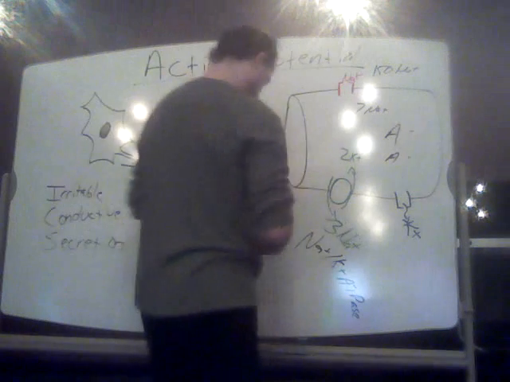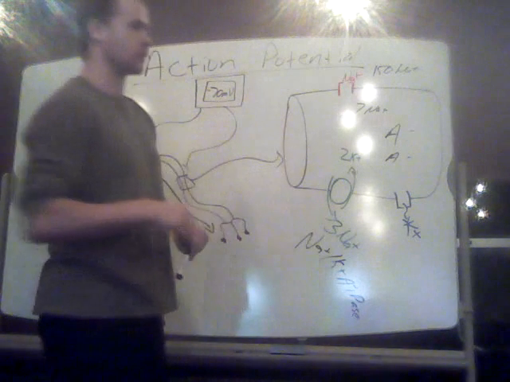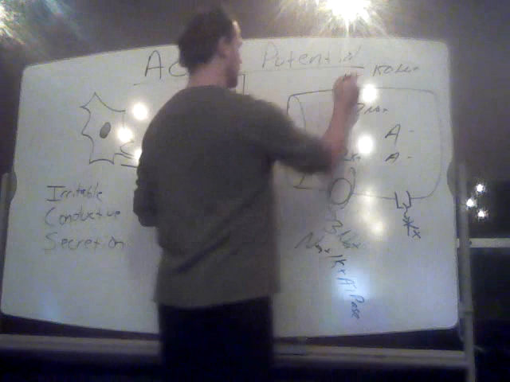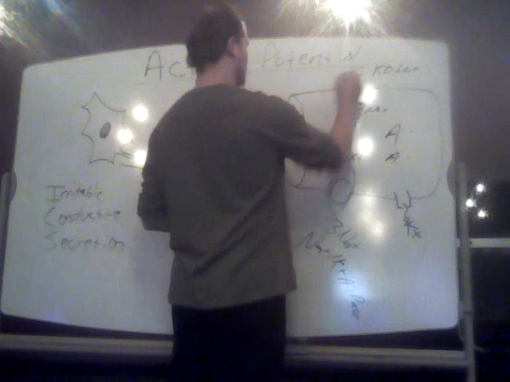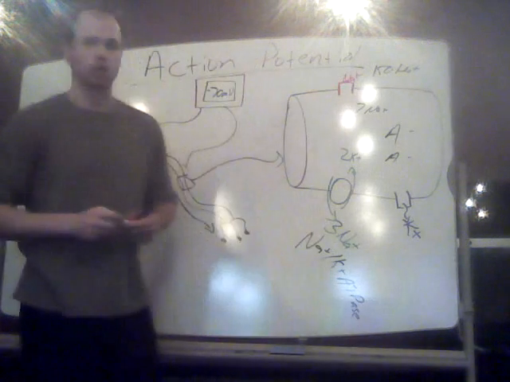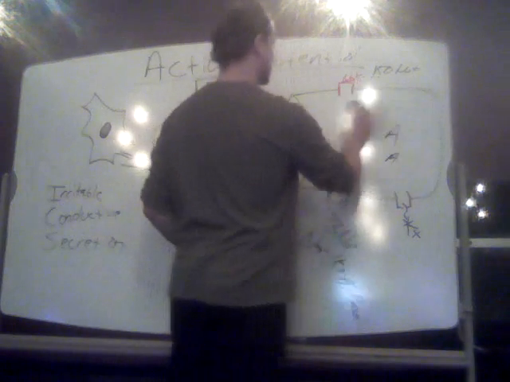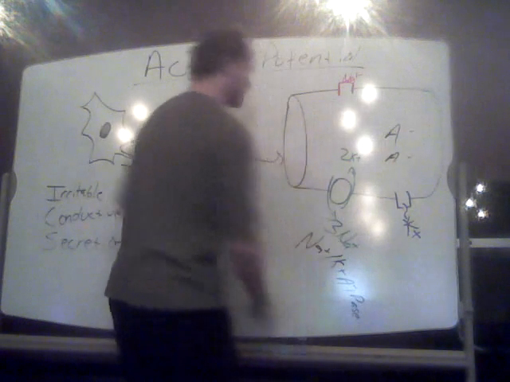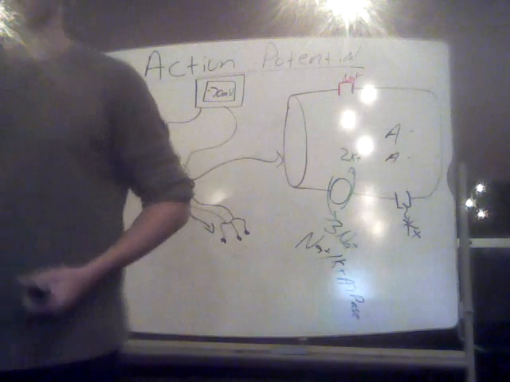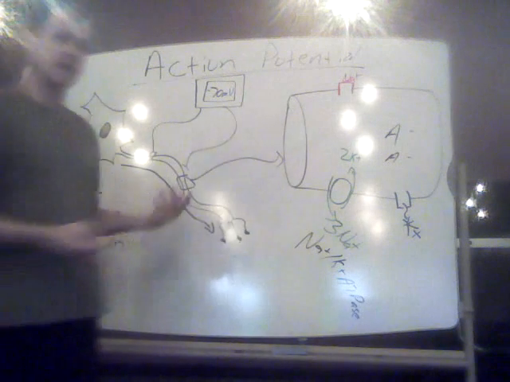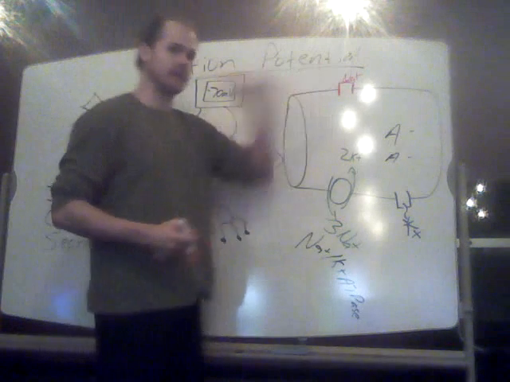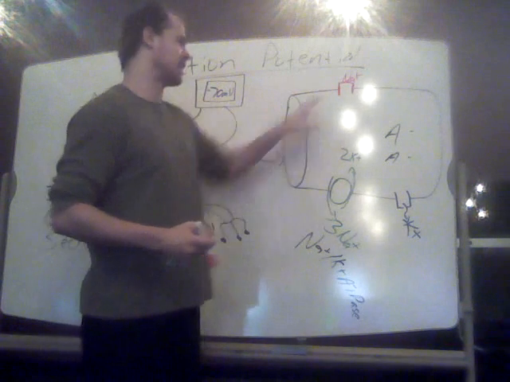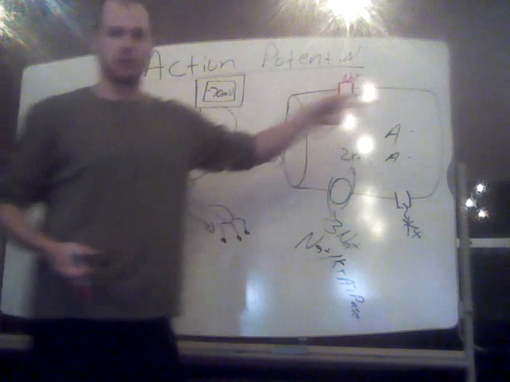But this doesn't happen. These sodium channels do not stay open for very long, and at rest, these sodium gates are closed. So being that these sodium gates are closed, the cell membrane is not permeable to sodium. Remember, when you learn about the phospholipid bilayer, the cell membrane, it's not very permeable to polar molecules or polar ions.